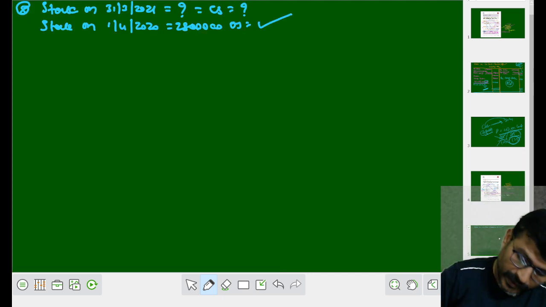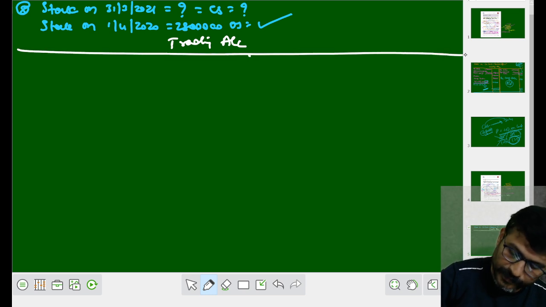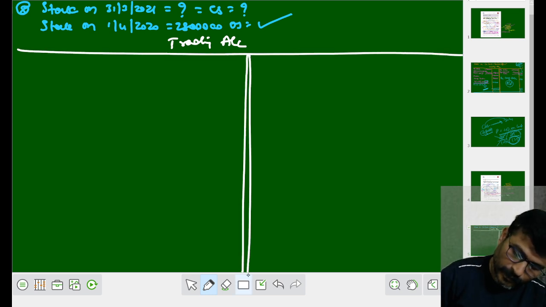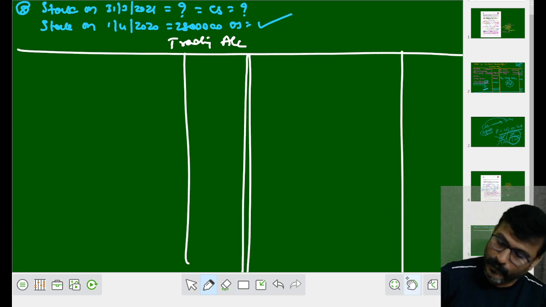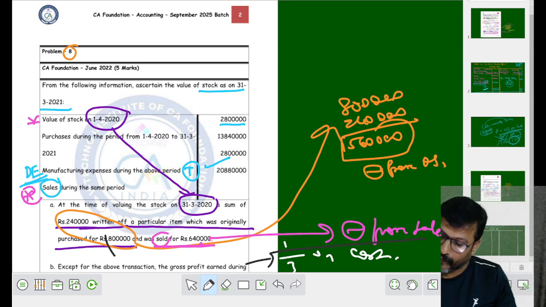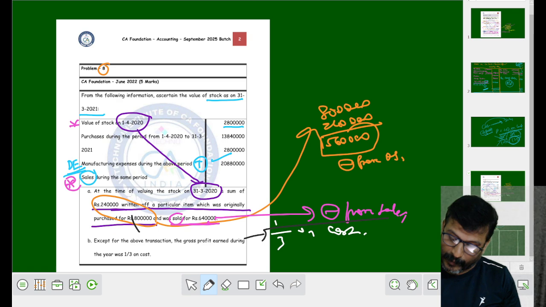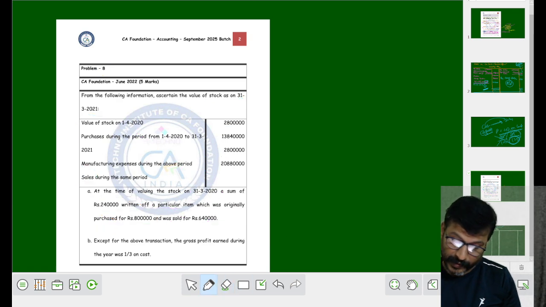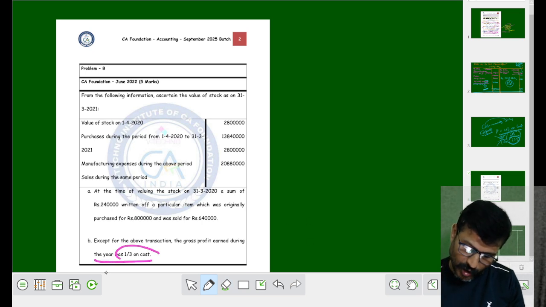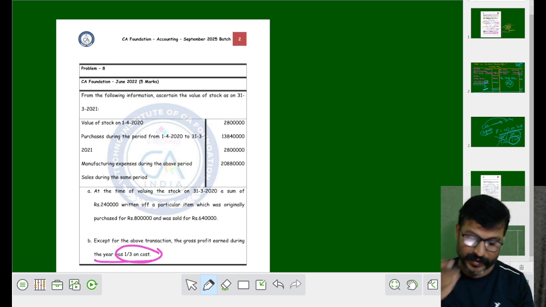Shall we start? Now we have to prepare the trading account. See, now the profit is how much? Now the profit is 1/3 on cost. Okay, fine.